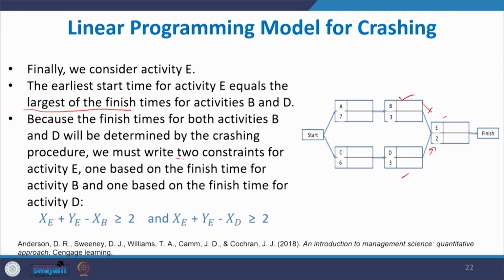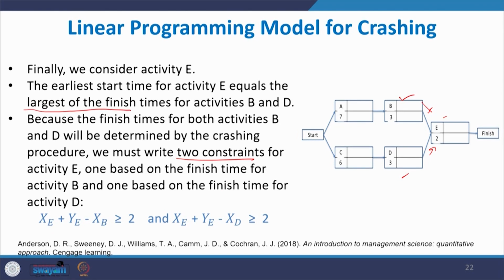We must write two constraints for activity E, one based on the finish time for activity B, another based on the finish time for activity D, that I have explained previously.